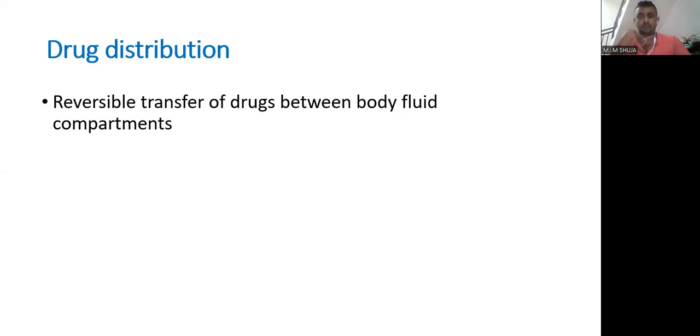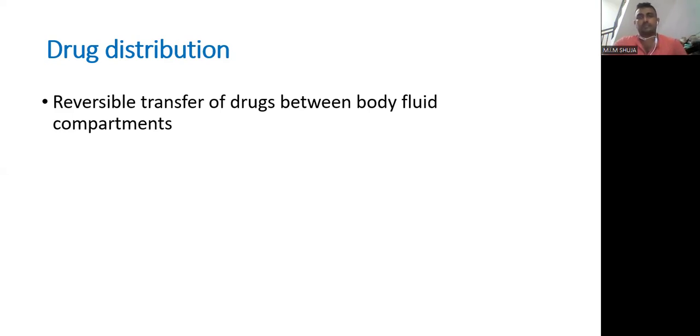Now the drug is in the systemic circulation, in the blood. Now you are going to distribute that drug into the body compartment where it has to go. Either it has to go and act, or go and store, or go and get metabolized, or whatever. So that is distribution. So how you are going to distribute the drug, we're going to see.